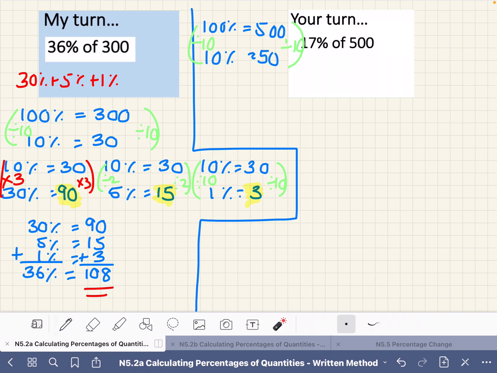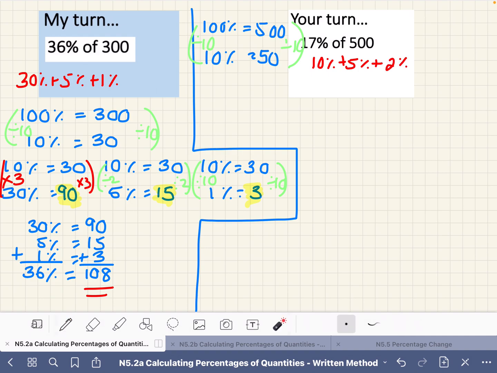We are looking to use this 10% to help us work out what 17% is. We can calculate 17% by using a 10%, a 5%, and this time we would need a 2%.